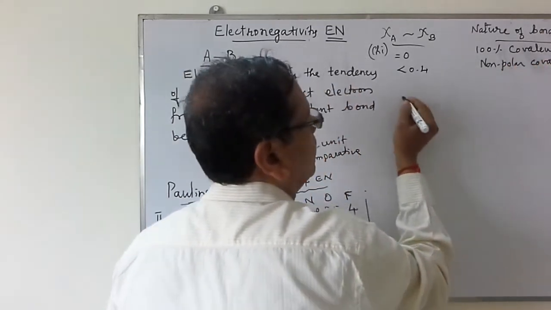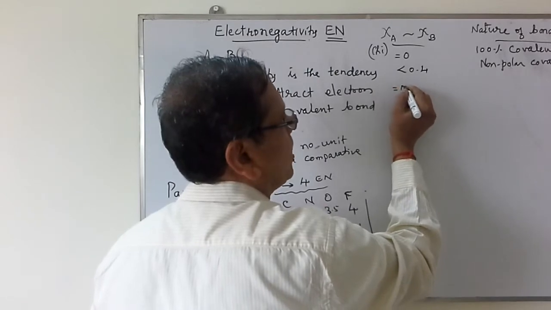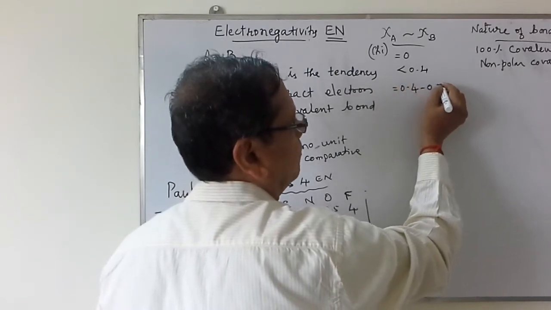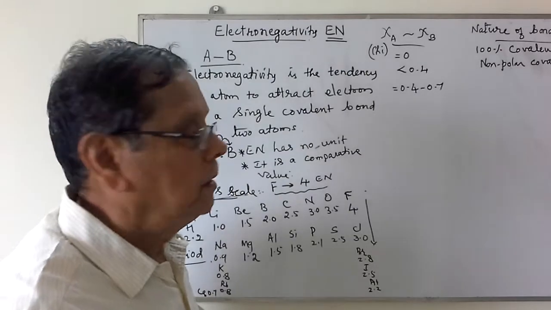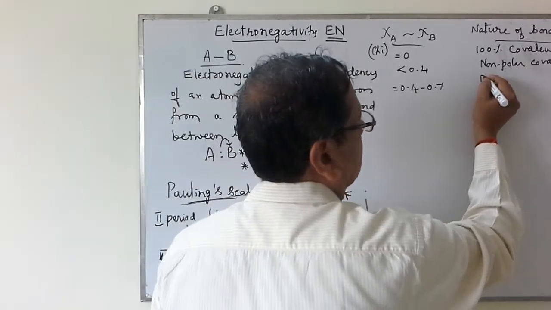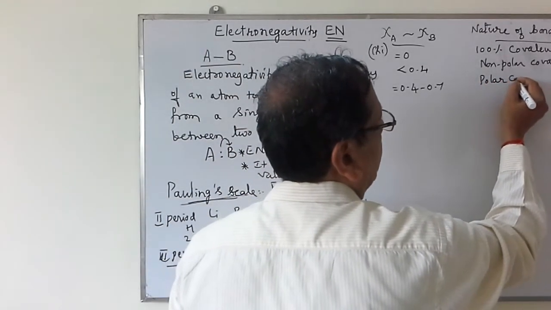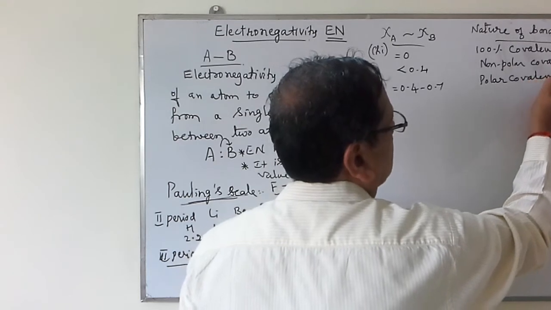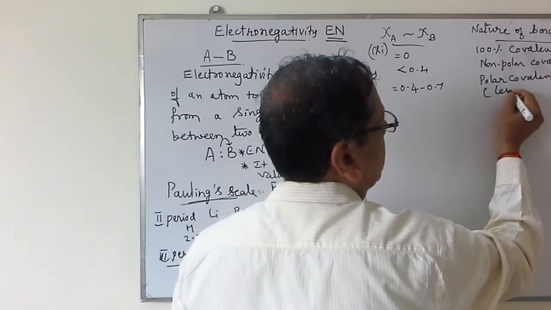When the value is between 0.4 and 0.7, it is polar covalent. It is less ionic.